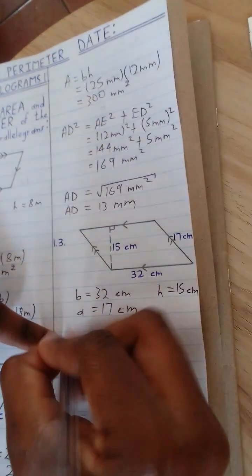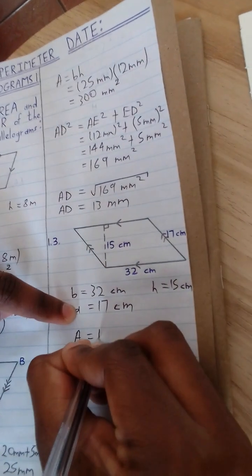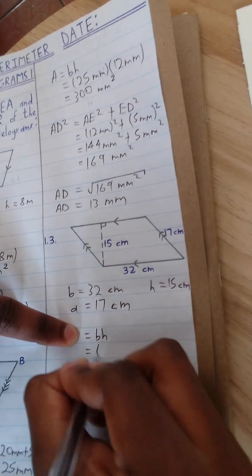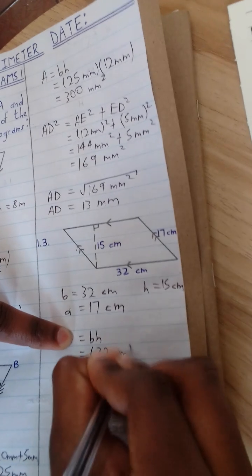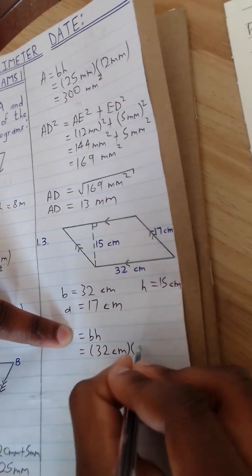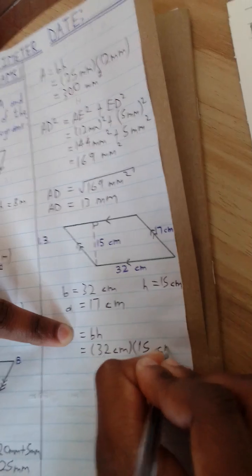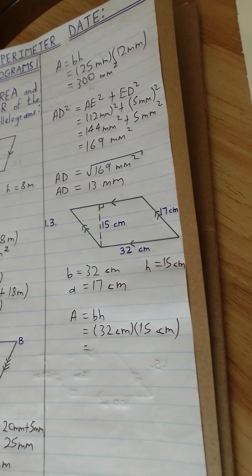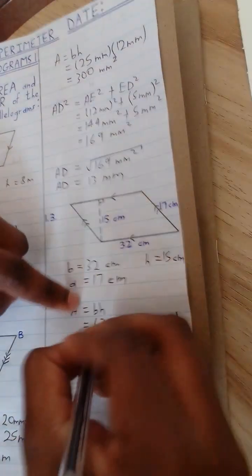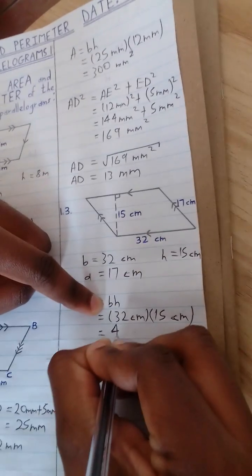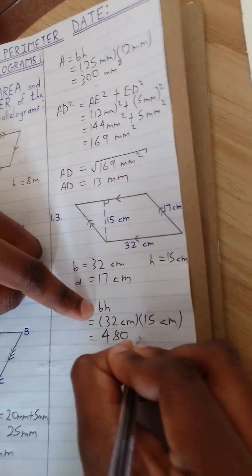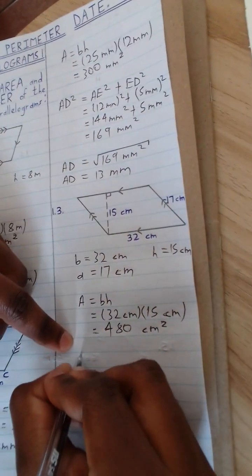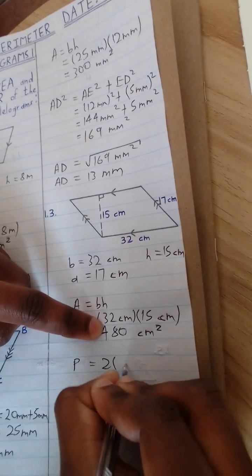So formula is important. Area is base times perpendicular height, which is 32 centimeters, perpendicular height is 15 centimeters. So area is 480 square centimeters, right? Perimeter is 2 open bracket.